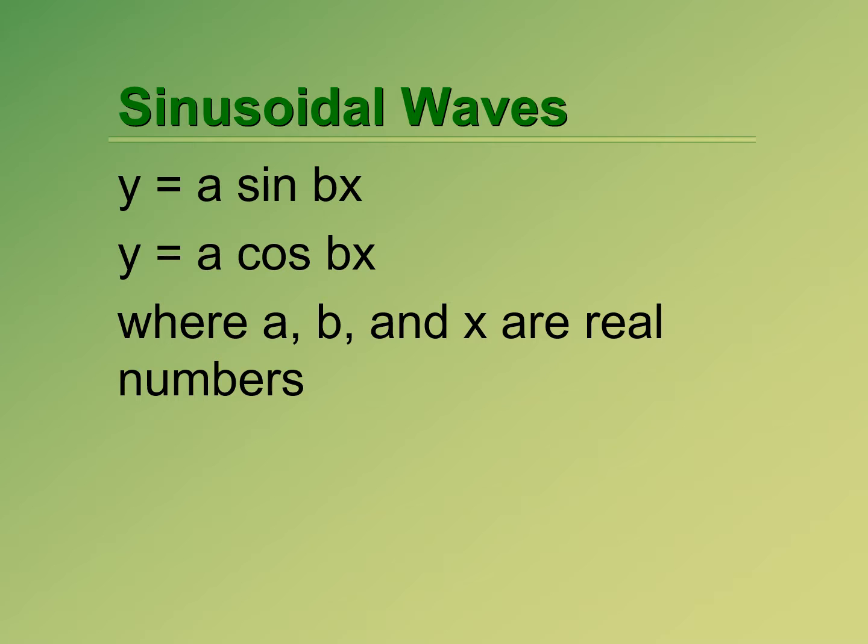So a and b can be 1, they cannot be 0, and x is the angle, so x has to be a real number as well. So in general, your sine function and your cosine function is going to be a sine bx or a cosine bx, where a, b, and x are real numbers.